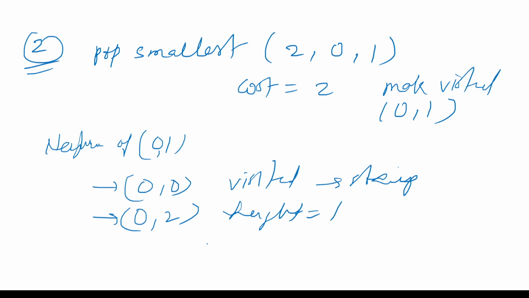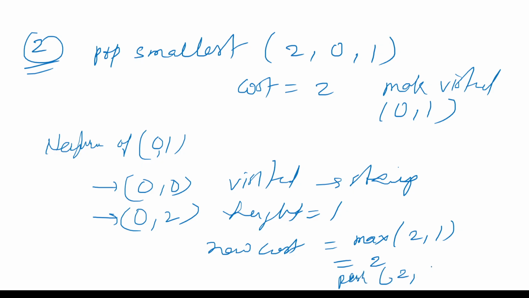So we need to find the new cost: the max between 2 and 1 is nothing but 2. What you need to do is push this. So we push 2 0 2.